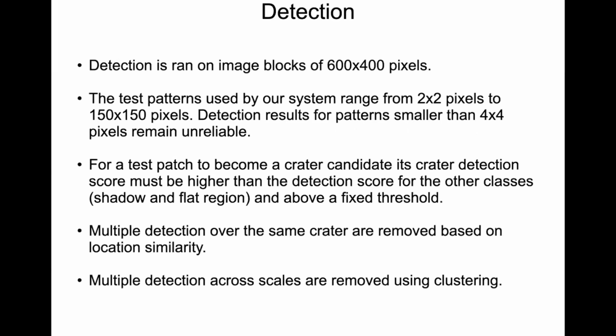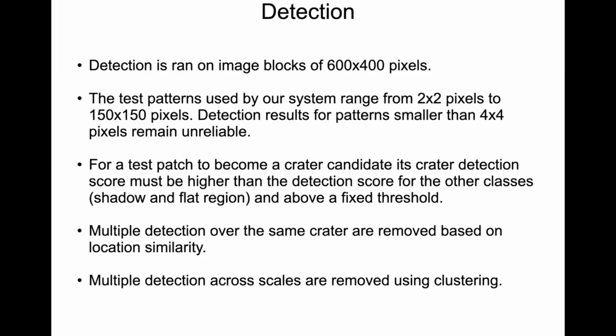Detection, again, is done on blocks of 600 by 400. We are detecting craters in the range from 2 by 2 pixels to 100 by 150, 150 by 150 pixels.